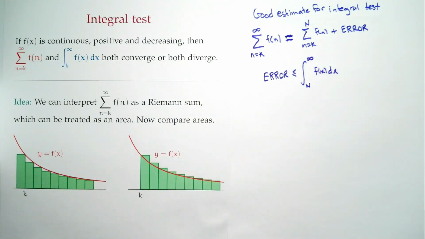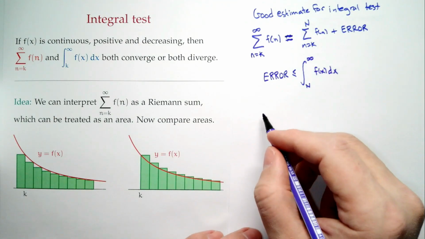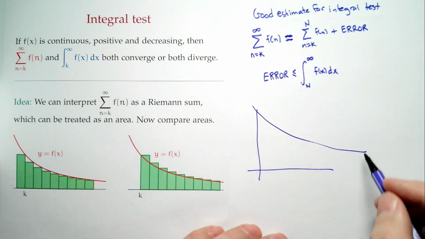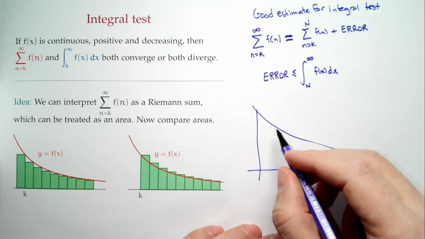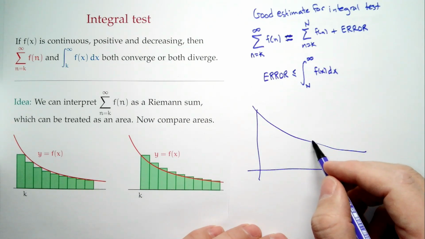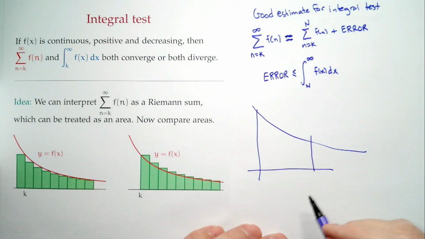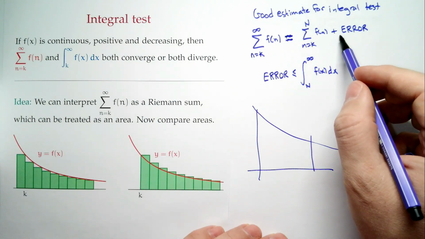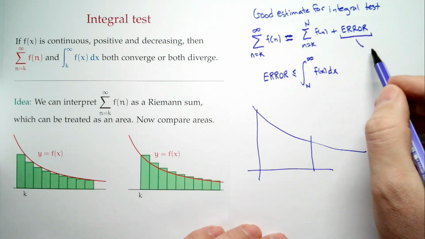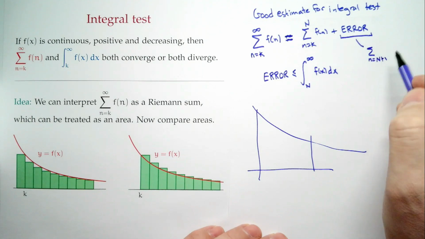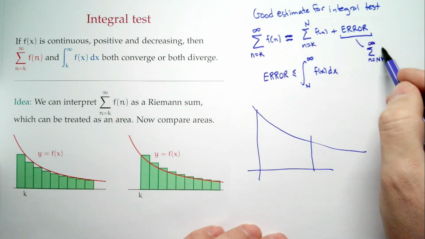Now, why is that? Well, here's sort of the intuition. So you have this function going down, and you've added up a bunch of rectangles, up to some point here. Okay, so what's happening? You see, the error, really, that's the sum from n equals capital N plus 1 to infinity of f of n.